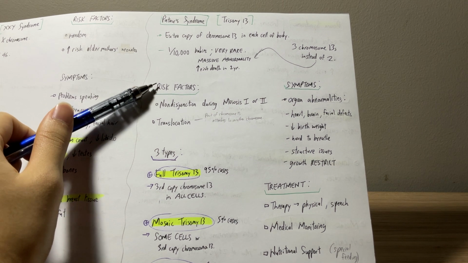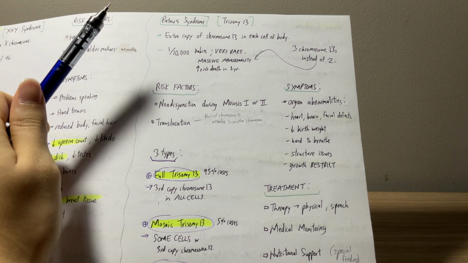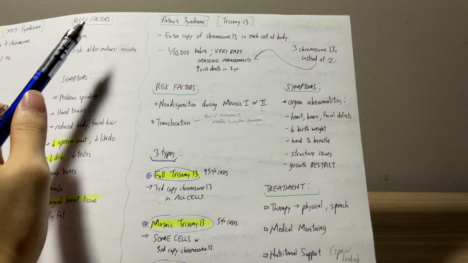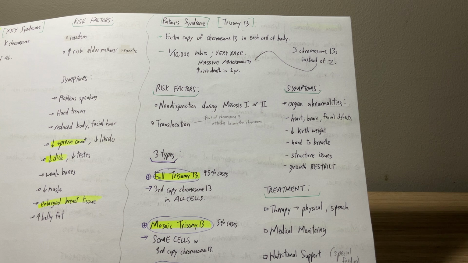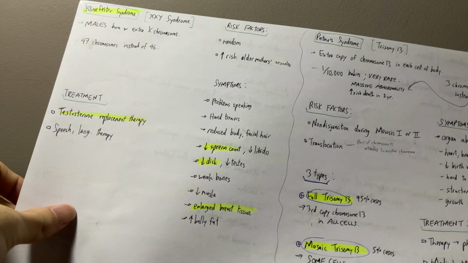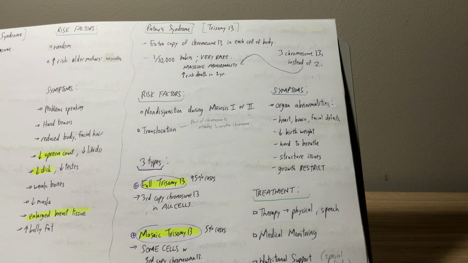By the way, I think Patau syndrome is exclusive only to female babies. Let me confirm that. Give me a few seconds. But I remember when I was making this reviewer, one of these chromosomal aberrations was only exclusive to females, while the Klinefelter, the one here, is only exclusive to males.